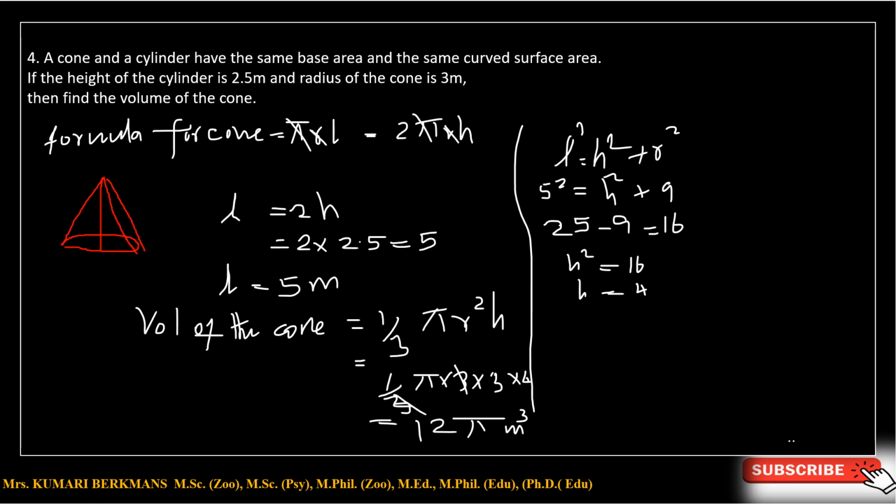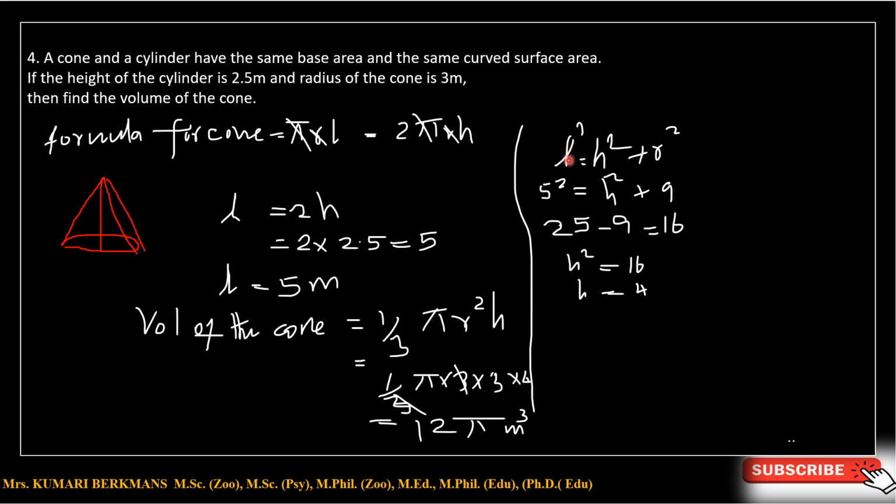So now the volume of the cone is 1 by 3rd pi r square h. Let us apply this: 1 by 3rd pi into r. We know r is already given; the radius of the cone as well as the radius of the cylinder are the same. So 3 into 3, and this h we have to find out.